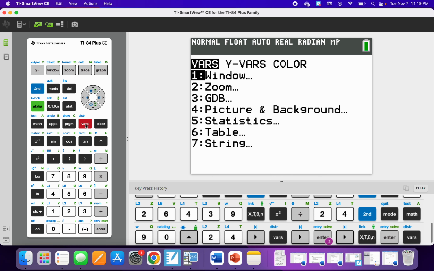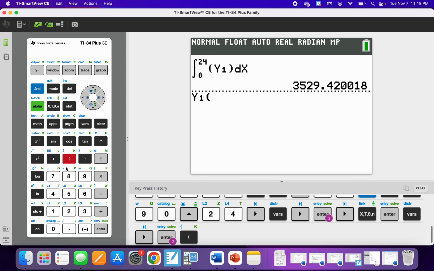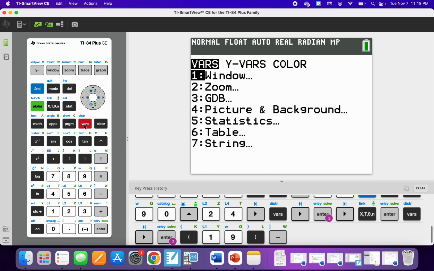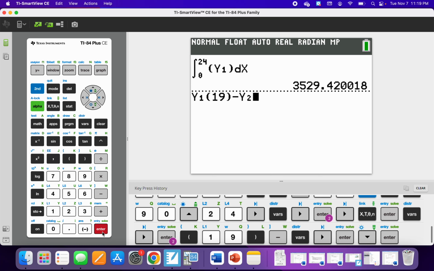So I'm going to evaluate my first function at 19 minus my second function at 19 that I plugged in. So I'm going to pick y2 here for my second function.